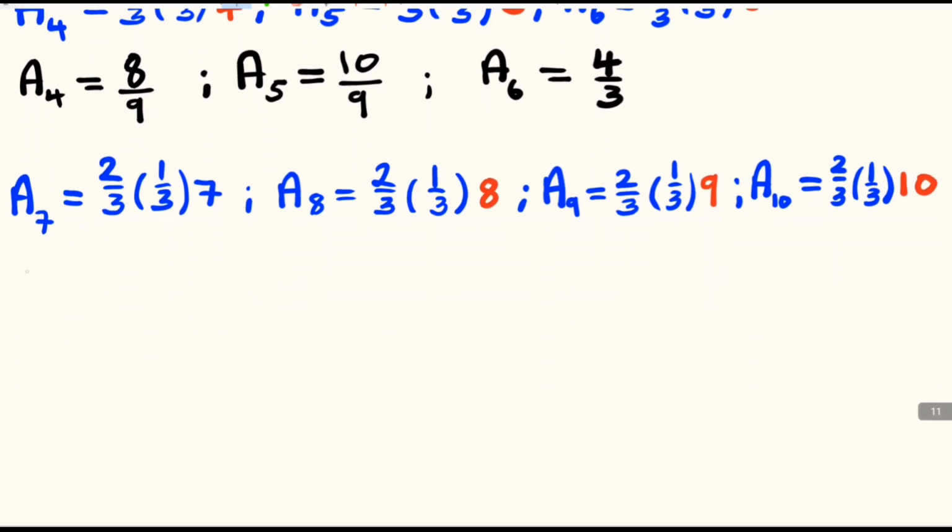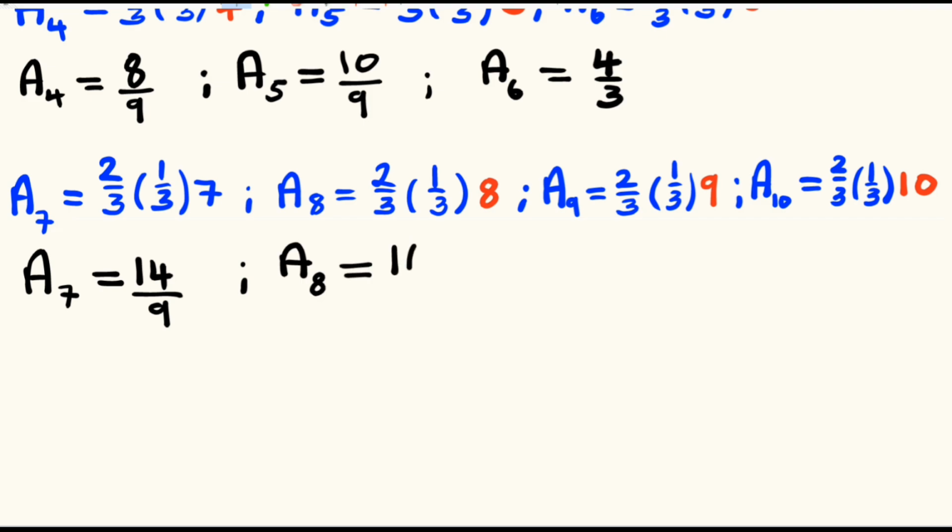And for area number 7, in the numerator, 2 multiplied by 1 multiplied by 7 will be equals to 14, and in the denominator, 3 by 3 is equals to 9. Area number 8, in the numerator, 2 multiplied by 1 multiplied by 8 is equals to 16 divided by 3 by 3, which is 9.